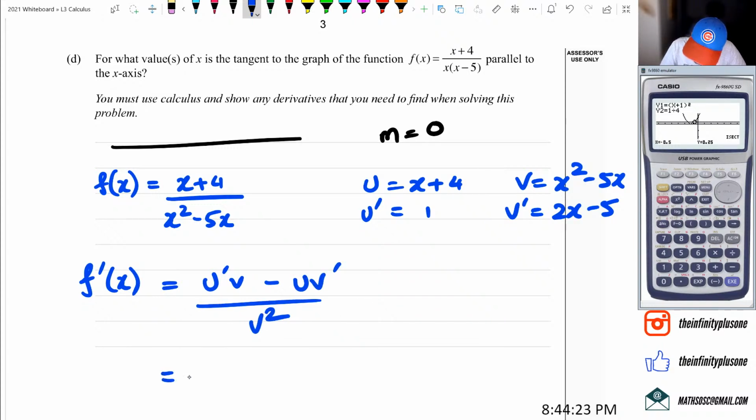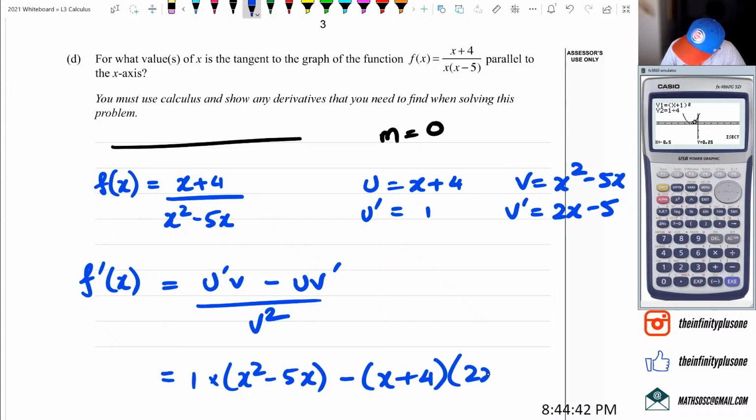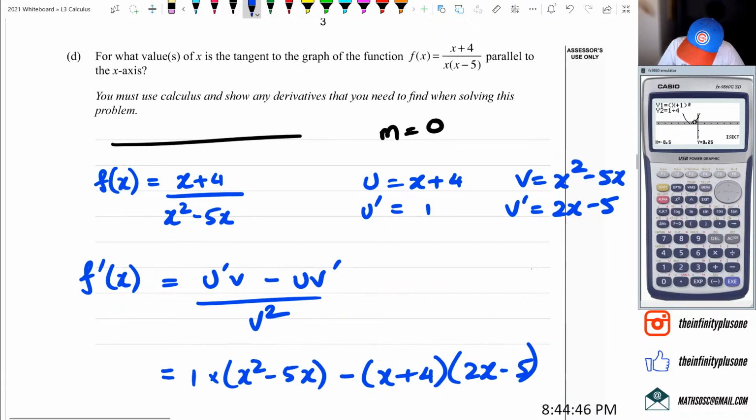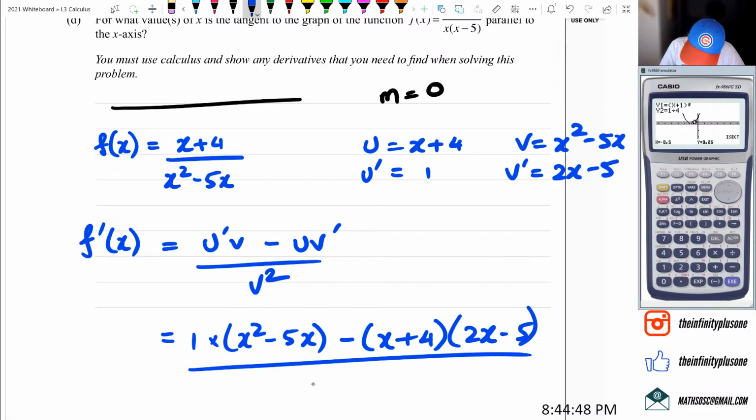So putting this all together, I've got 1 times x squared minus 5x, minus x plus 4 times 2x minus 5, and all of that is divided by v squared, which is x squared minus 5x, all squared.